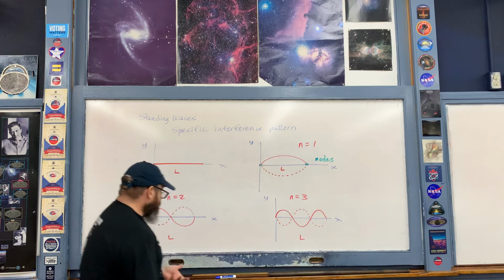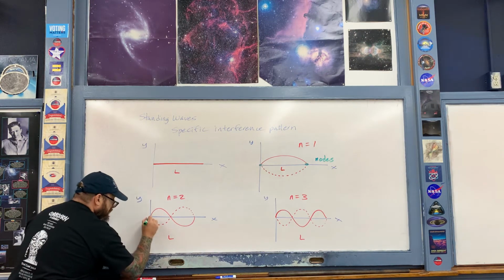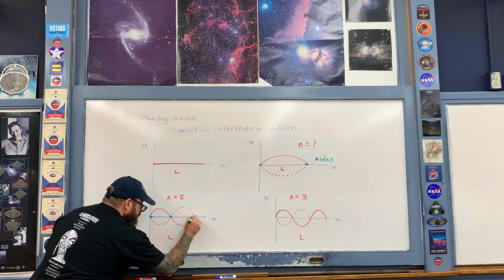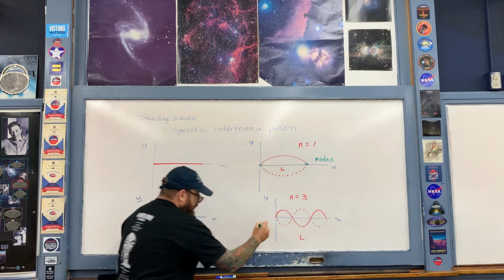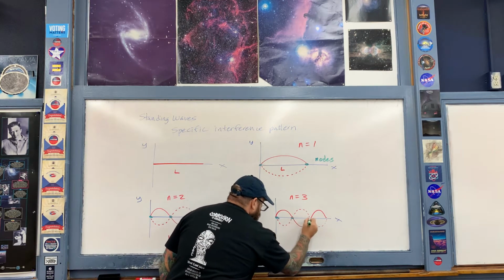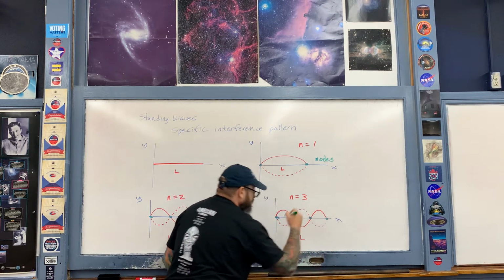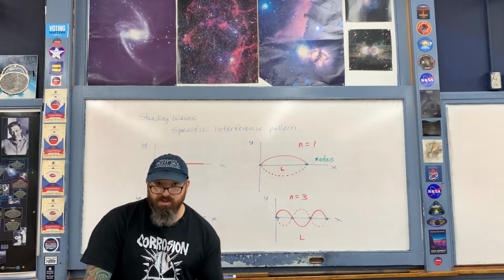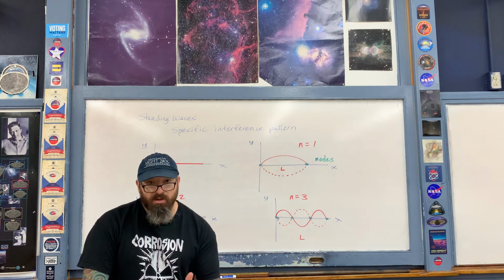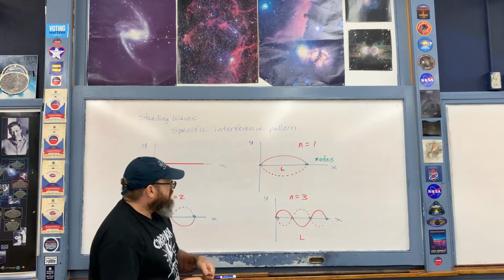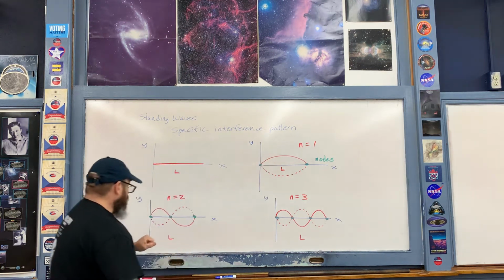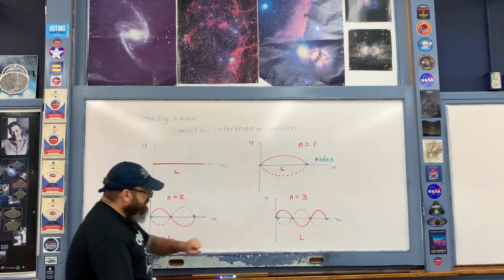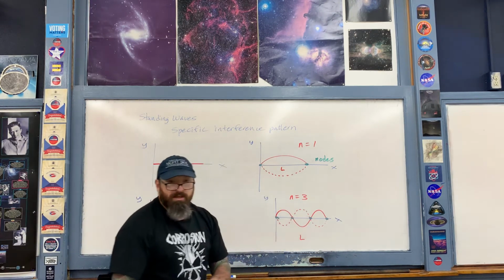On my other simple diagrams, there are 3 nodes here for the n equals 2 standing wave. There are 1, 2, 3, 4 nodes here for the n equals 3 standing wave. Notice that the number of nodes is always 1 more than the integer multiplier. So when n is equal to 1, you have 2 nodes. When n is equal to 2, you have 3 nodes. When n is equal to 3, you have 4 nodes, and so on.